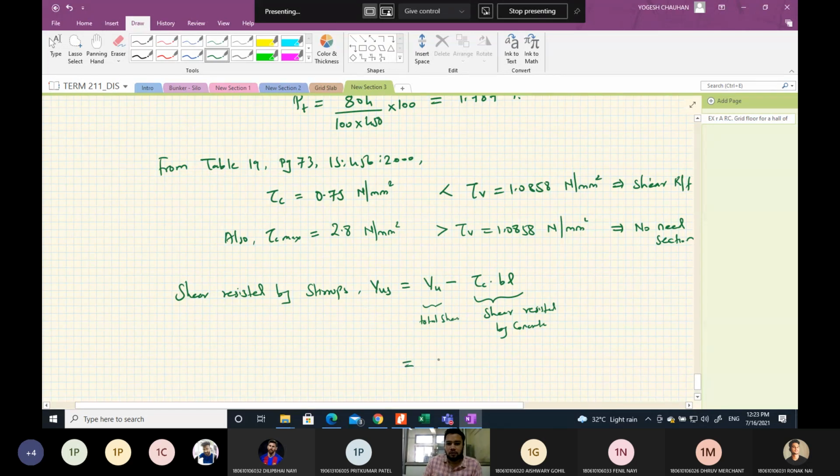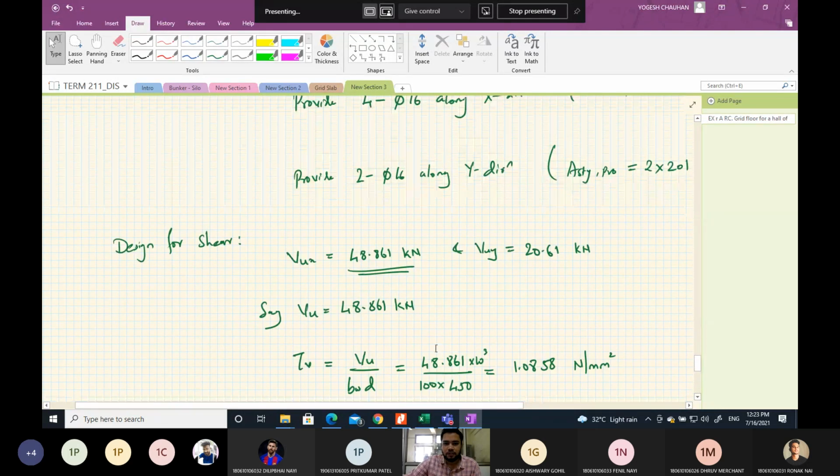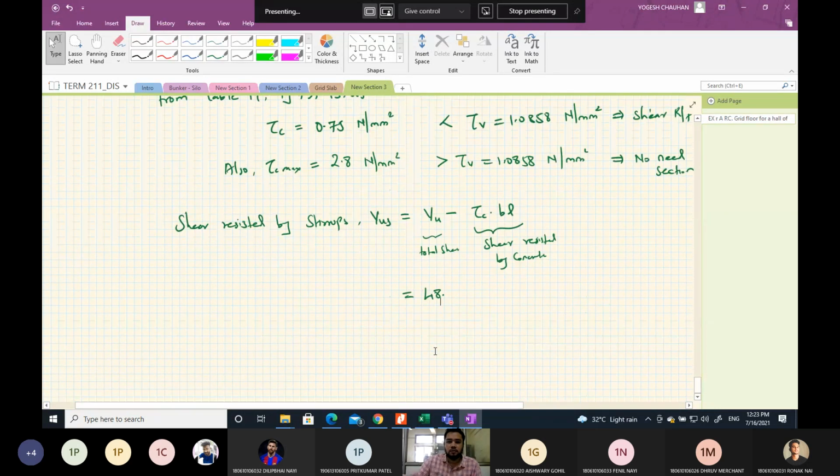So the value of shear is 48.861 into 10 to the power 3 minus tau c is 0.75 into b is 100 and d is 450.